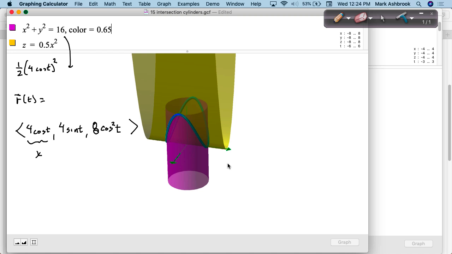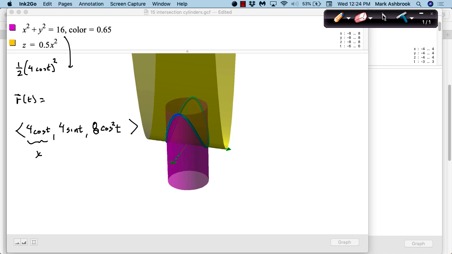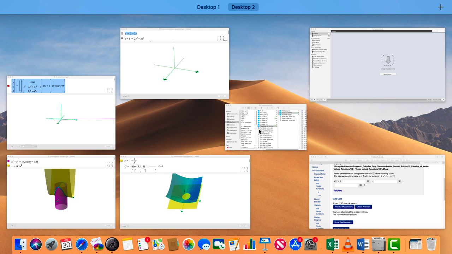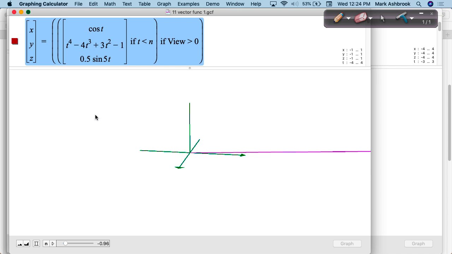Okay, so then we want to go look back at our vector functions and take a different route here. Any questions on these? So back to my favorite vector function. Here it is. X is cosine t, y is this quartic polynomial, and z is half sine 5t.